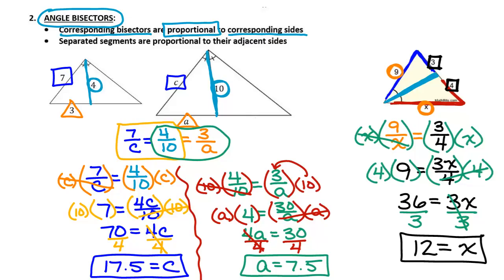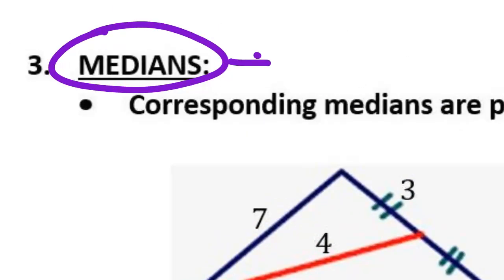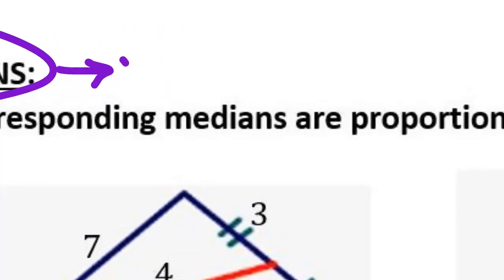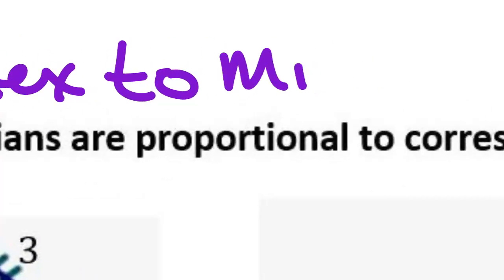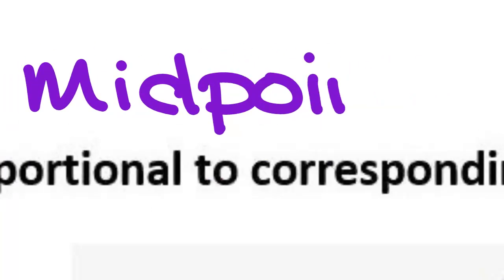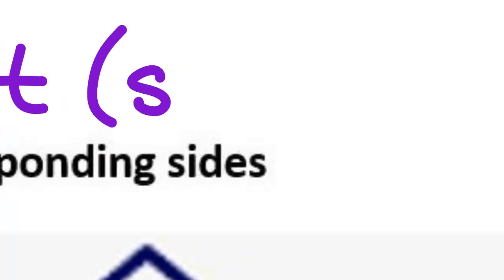Okay. Medians. In case you don't remember, a median goes from a vertex to a midpoint. Vertex to a midpoint. So it's going to split the opposite side in half.